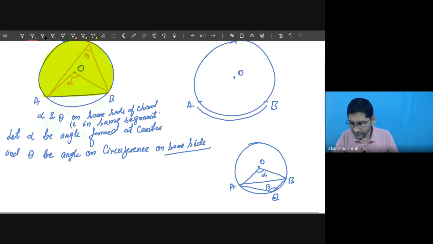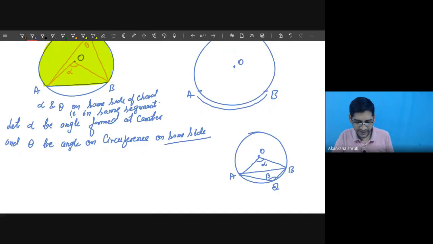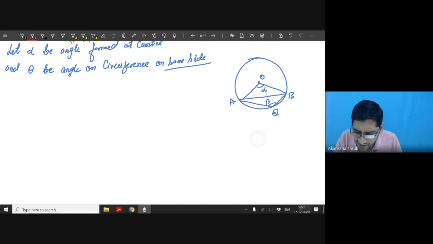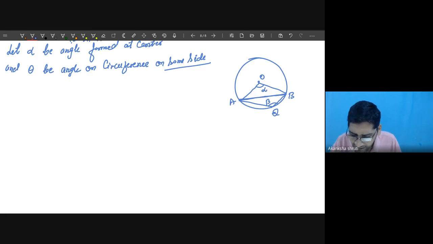So coming back to this figure where I was explaining, the chord AB is making the angle alpha at center and beta on the other side of this segment. How is this the other side?